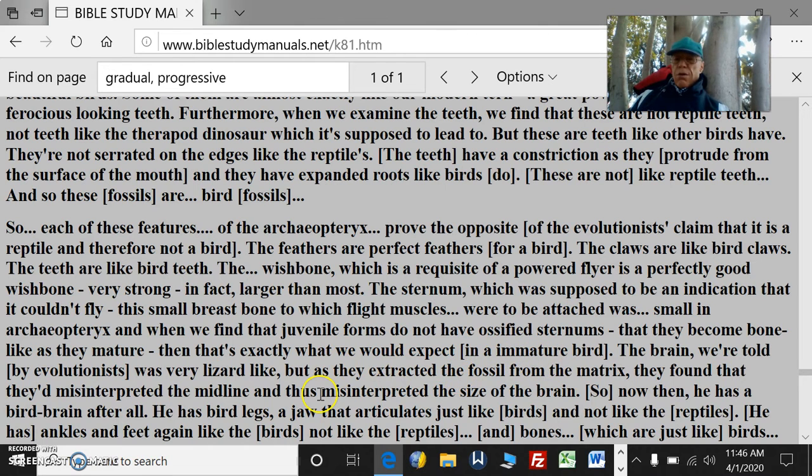The brain, we're told by evolutionists, was very lizard-like. But as they extracted the fossil from the matrix, they found that they'd misinterpreted the midline, and thus misinterpreted the size of the brain. It's a bird brain. It's a little bigger. So now then, he has a bird brain after all. He has bird legs, a jaw that articulates just like birds and not like the reptiles.